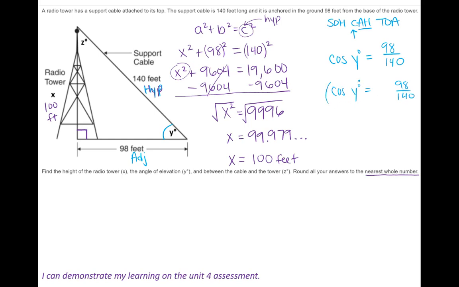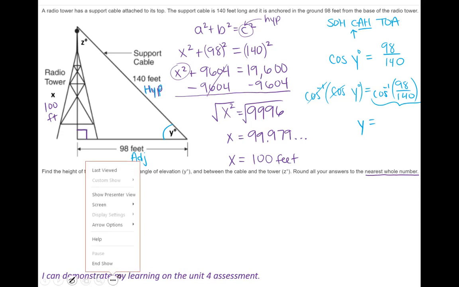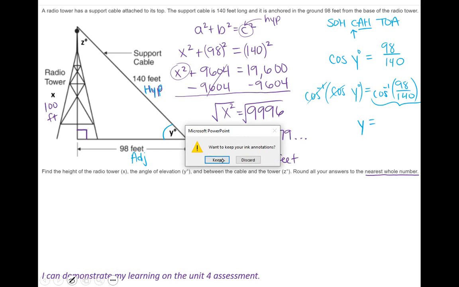I'm going to inverse cosine both sides, like so. And cosine inverse and cosine cancel, I get Y equals. On this side, that's what I get to put in my calculator. I'm doing inverse cosine 98 over 140.